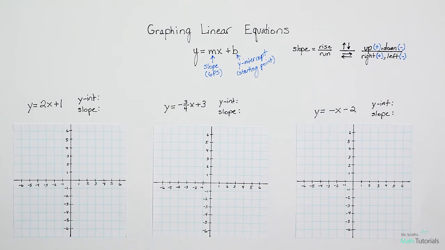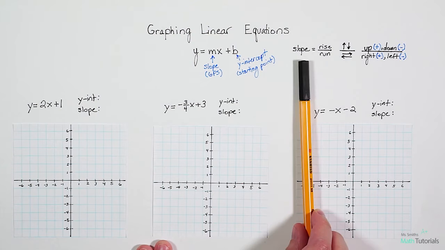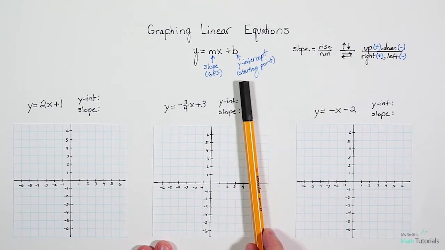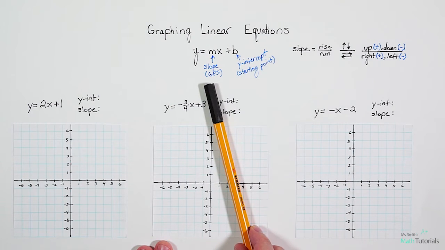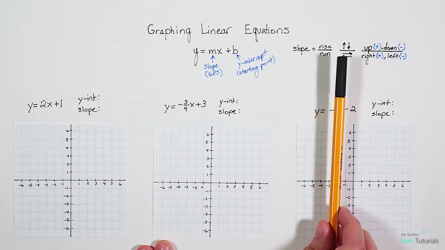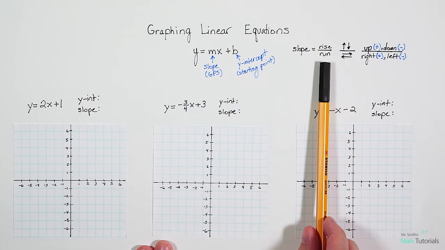The last thing I want to point out before we actually start graphing some equations is what the slope is. I know I mentioned over here, our slope is like our GPS. It tells us from our starting point how to move. And specifically, slope is always in the form rise over run.